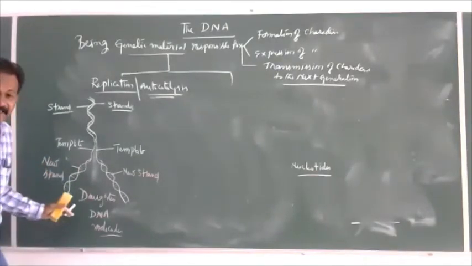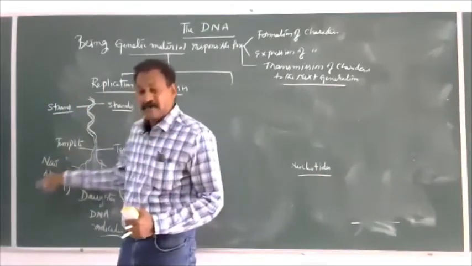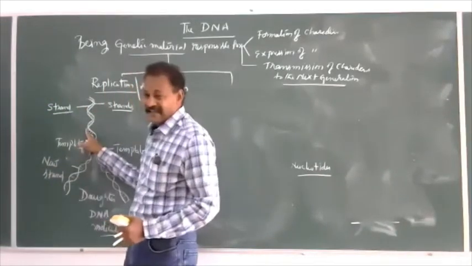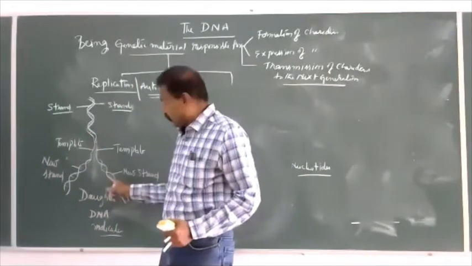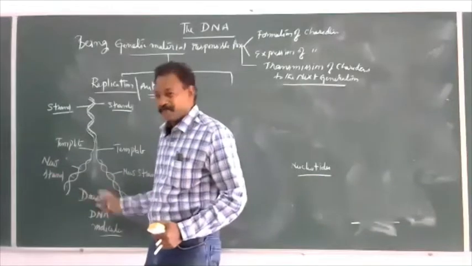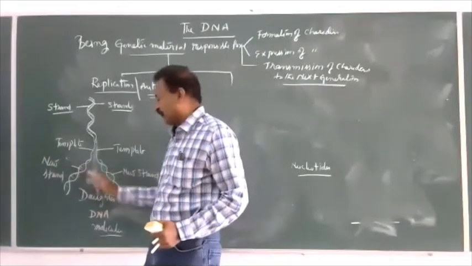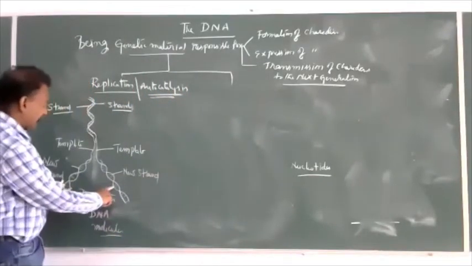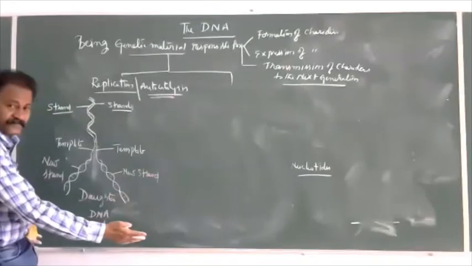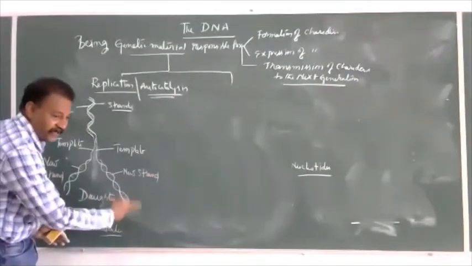So in every two daughter DNA molecules, one strand is the old strand from the parental DNA, and another strand is new, synthesized based upon the old strand. Each has one old, one new. In every generation hereafter, again out of the two newly formed, one is old, one is new.